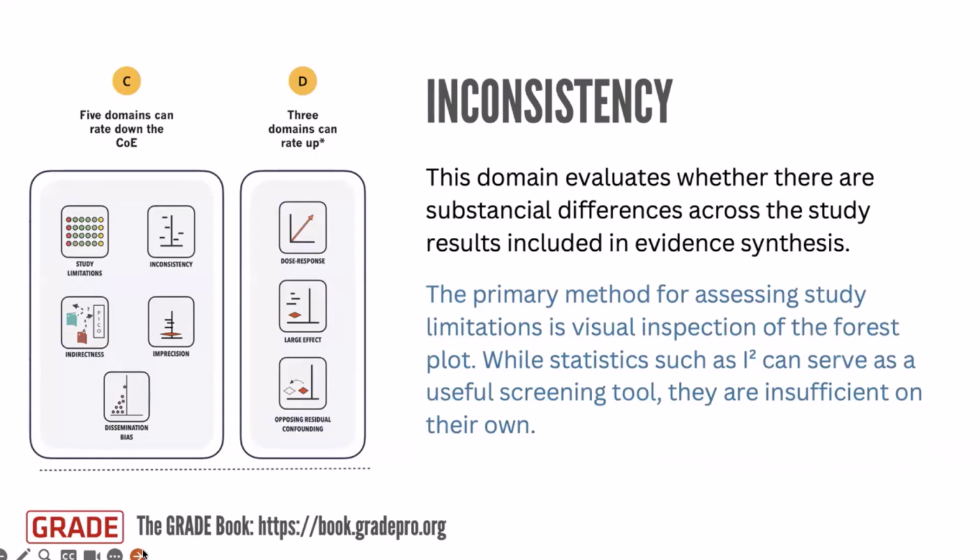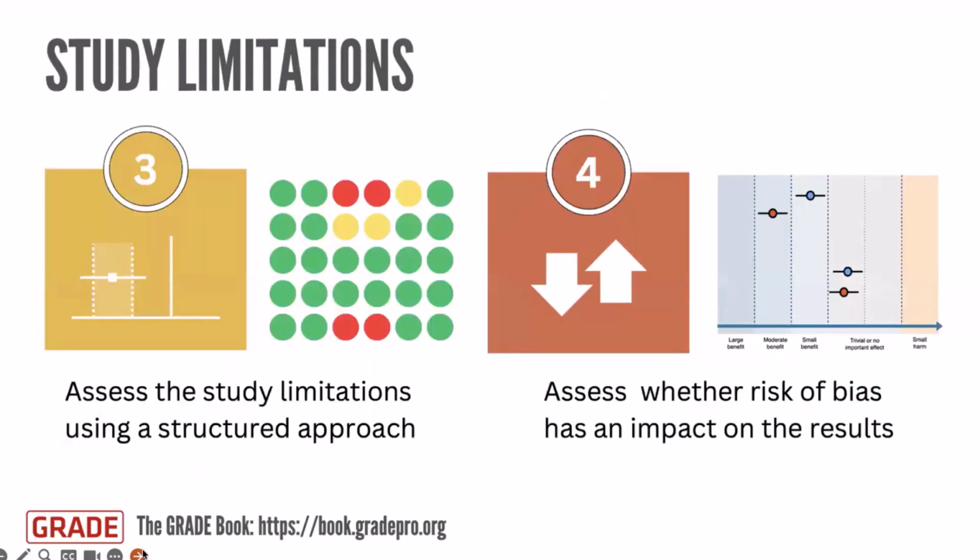So inconsistency: this domain evaluates whether there are substantial differences across study results. The primary method for this is visual inspection of the forest plot. A statistic like I-squared will serve as a screening tool. We're going to talk more about that in a specific session which is upcoming, so stay tuned.